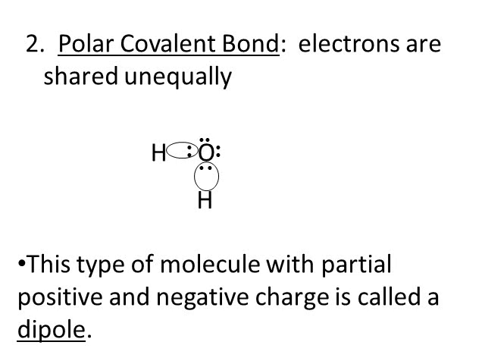One element hogs the electrons more, and it does not like to give those electrons to the other element or the other atoms. So electrons are being shared unequally. This type of molecule is going to create what we call a partial positive and a partial negative, or a dipole.